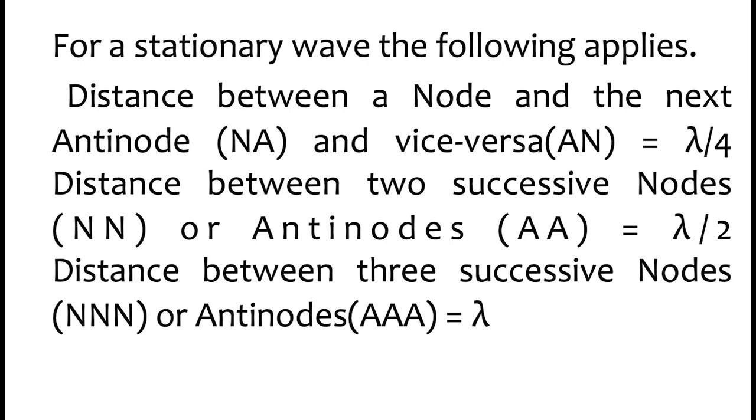On the other hand, the distance between two successive, consecutive, that is one next to the other, nodes, capital N and capital N, or antinodes, capital A, is equivalent to half a wavelength, lambda by 2. While the distance between three successive nodes, capital N, N, N, or antinodes, A, A, A, is equivalent to 1 wavelength, lambda.